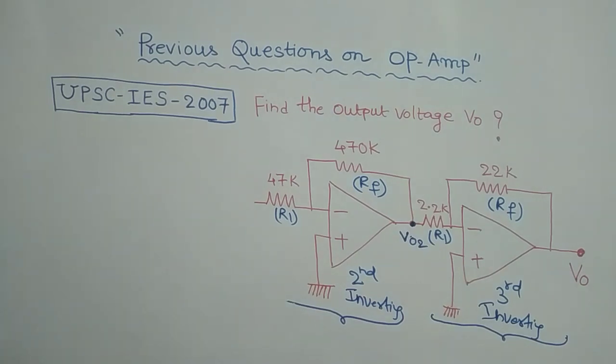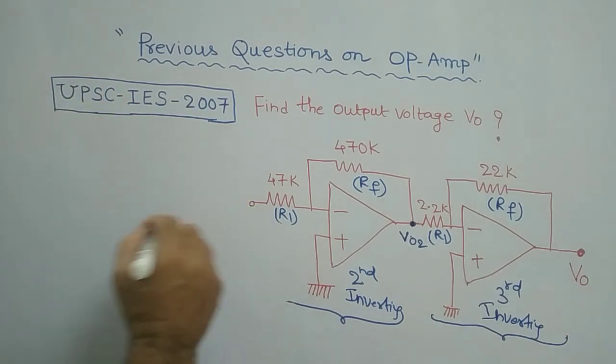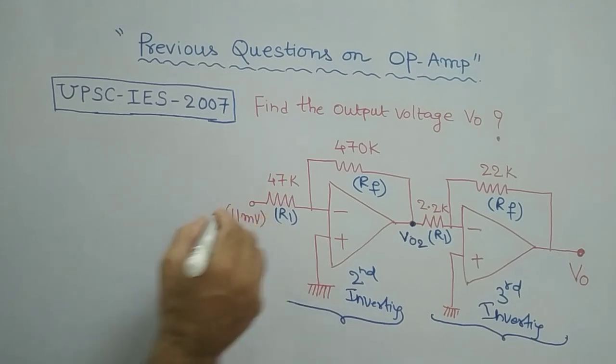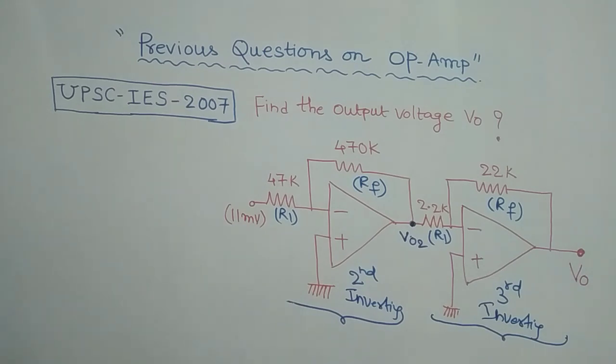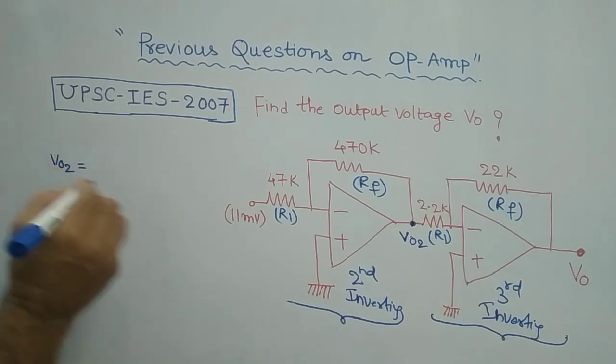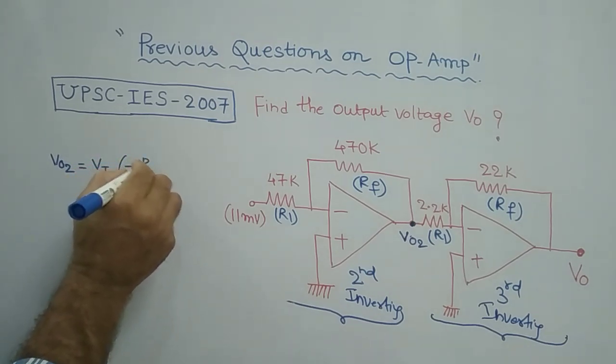Therefore, here your input is 11 millivolts. Now the second stage, if you consider, the input is given to the minus terminal. It is called the inverting terminal. So V02 for the second stage is equal to input Vi into minus Rf by R1.